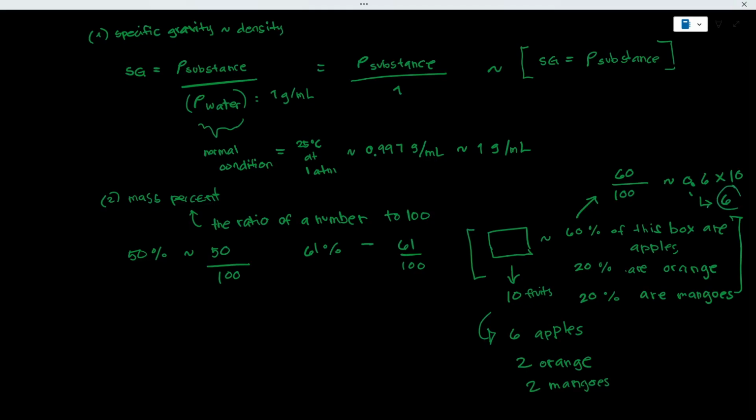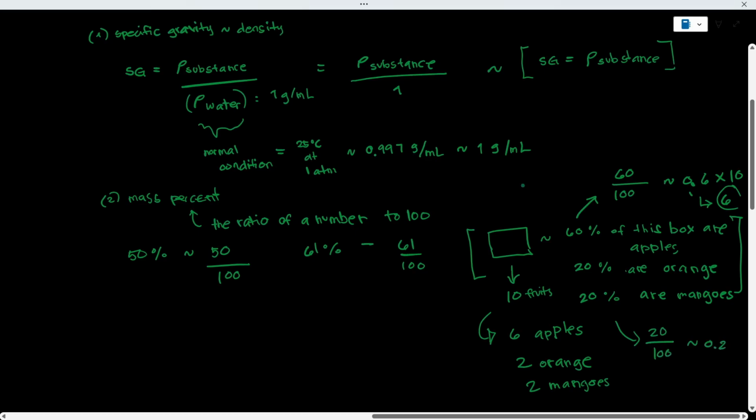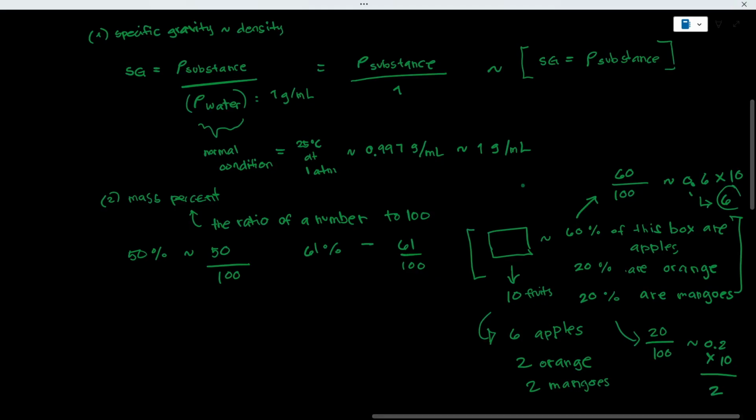So you can say that there are 6 apples because 60% of the box are apples. In the case of oranges and mangoes, that would be 20 over 100, 0.2 times 10 equals 2. So that's how percent works.